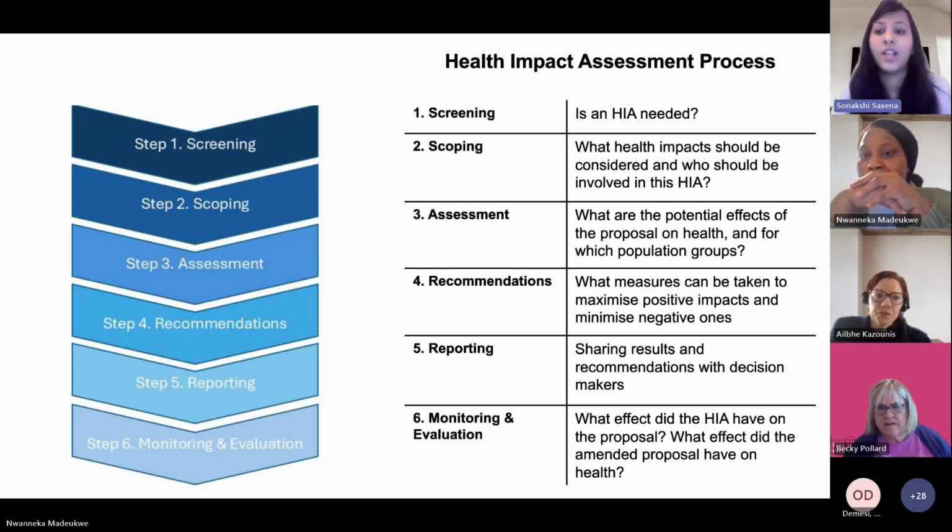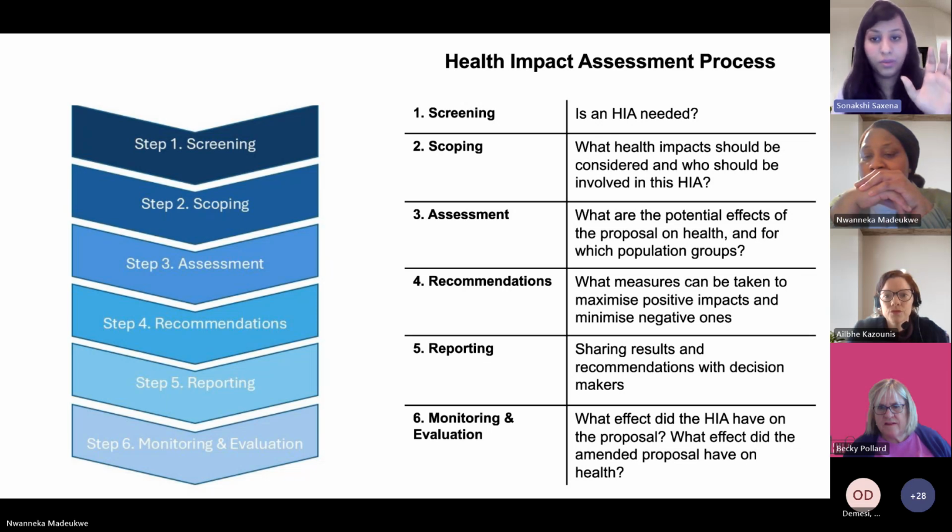The third step is the evaluation of potential impacts of the proposal on health, focusing on the population groups that may be most affected. Based on the assessment, we make recommendations to maximize the positive health benefits and minimize any potential risks or negative effects that could come into play.